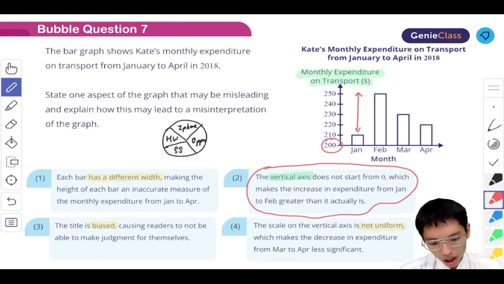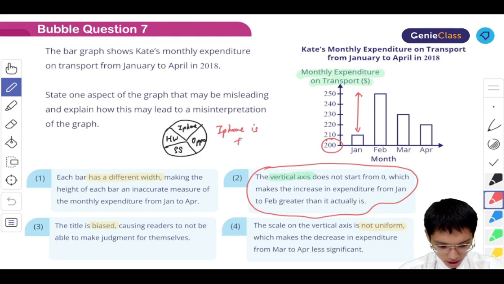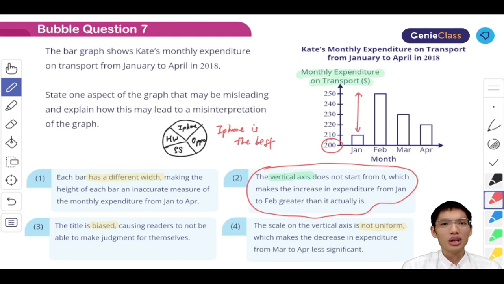And the title of this particular pie chart is "iPhone is the best." Doesn't this sound wrong already? Because when iPhone is the best, it means most of them will use iPhone. So this is how a title affects how certain perceptions may be inscribed into people.